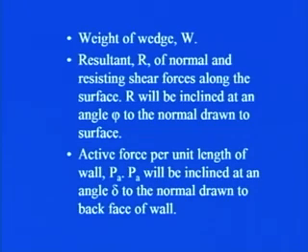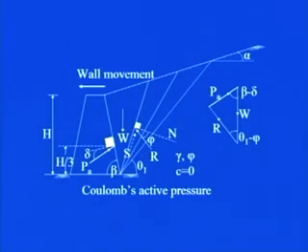Second, the resultant R of the normal and resisting shear force along the surface, that is this. If I consider this to be the surface, this is the resultant R. It is the resultant of this normal force N and the shear force S, and this resultant force will be acting at an angle of phi from the normal to this surface.